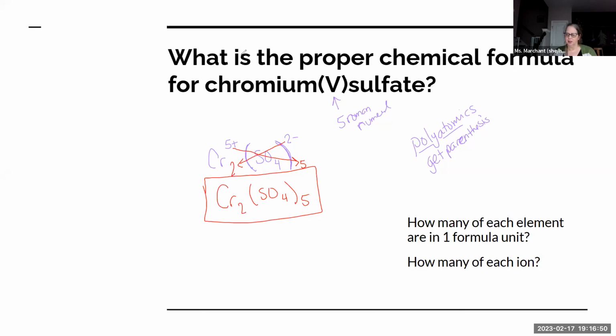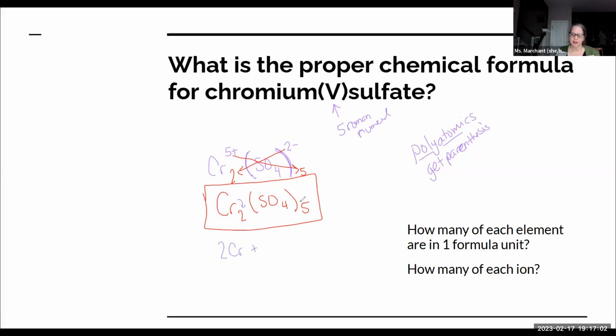How many of each element are in 1 formula unit? 1 formula unit, or 1 mole's worth. We have 2 chromiums. And what do I do with the 5? I'm going to distribute it just like I would in math. It's just in a weird place, but I'm going to distribute it like parentheses. 5 times 4 is 20. 20 oxygens.